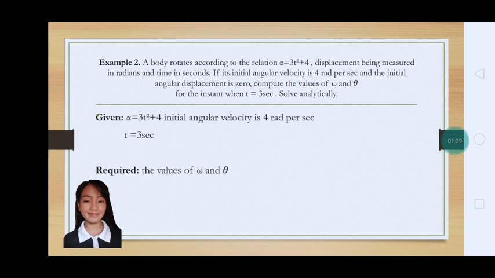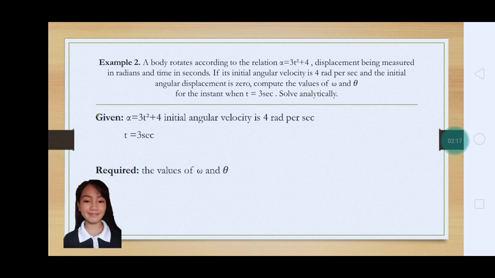If its initial angular velocity is 4 rad per second, and the initial angular displacement is 0, compute the value of omega, or the angular velocity, and theta, or the angular distance, for the instant when t is equal to 3 seconds. Solve analytically. So the given is alpha, or the angular acceleration, is equal to 3t squared plus 4.